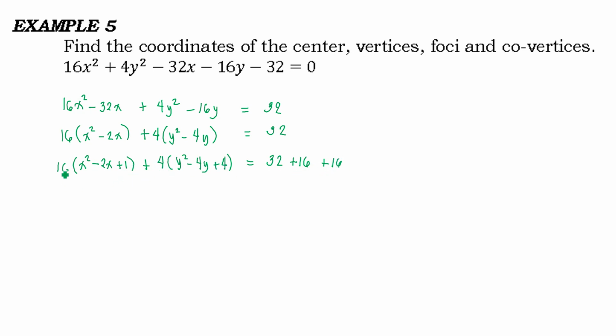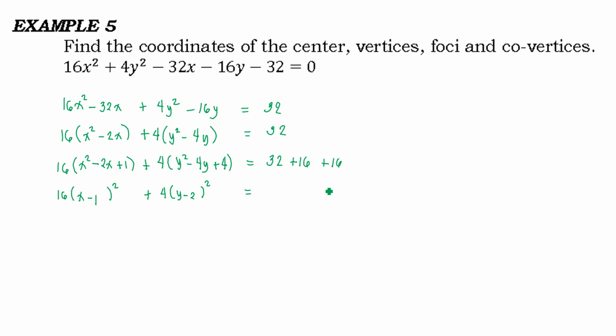So here we have 16 times the squared quantity, because we can express this one into factored form, x minus 1. Here, express this one into a factored form, then we have 4 times the squared quantity of y minus 2 equals 32 plus 16 plus 16 equals 64.